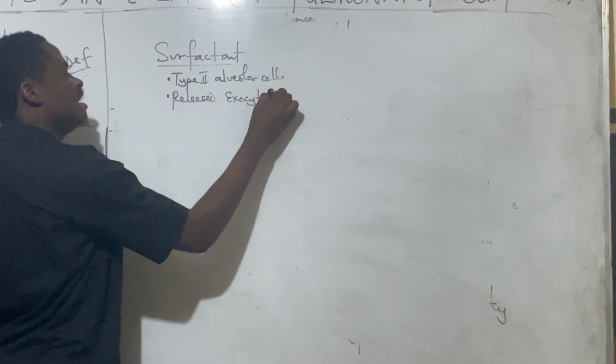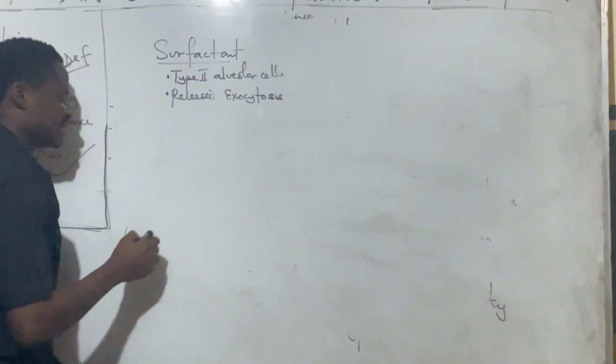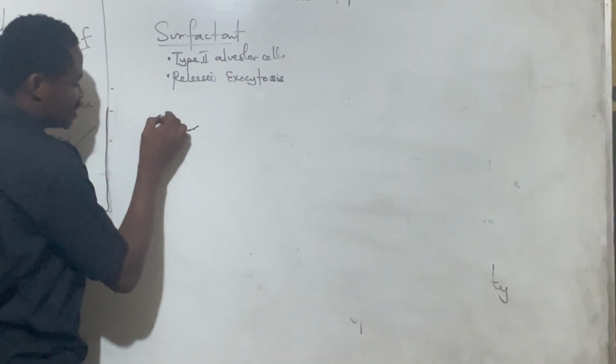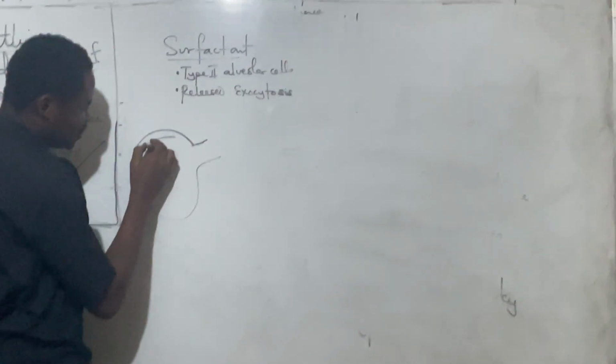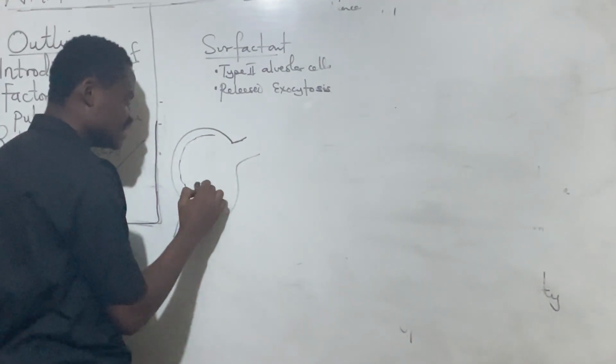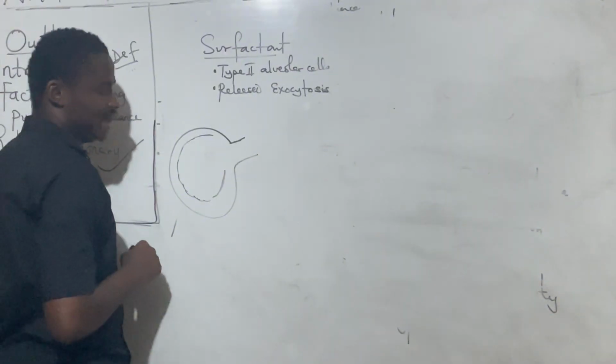Now for the functions of surfactant, let me show you how the alveoli look. What surfactant does is coat the whole surface like this, so it prevents the collapse of our alveoli.